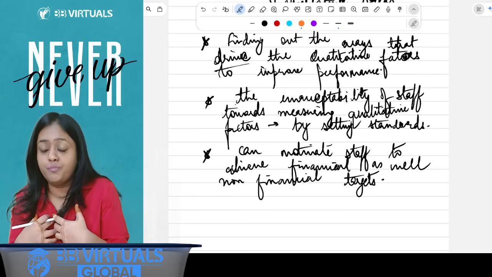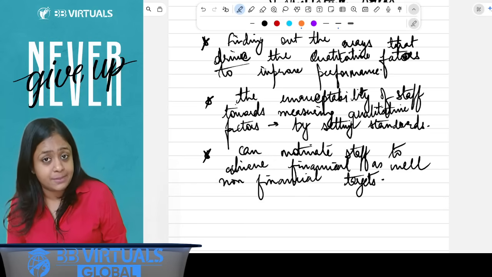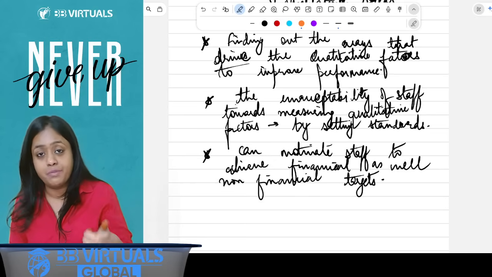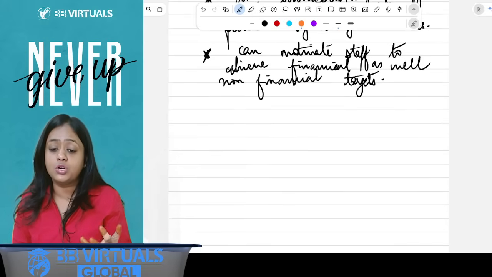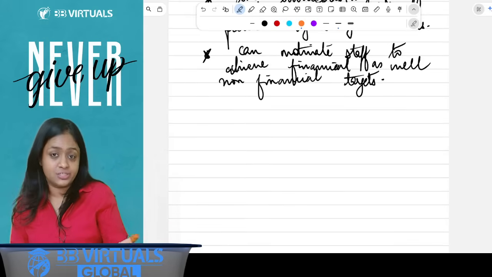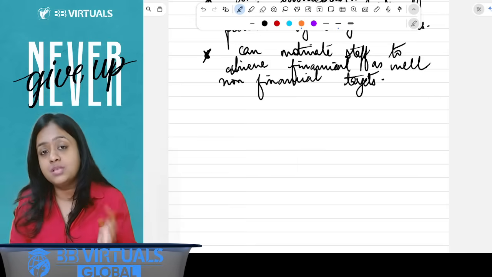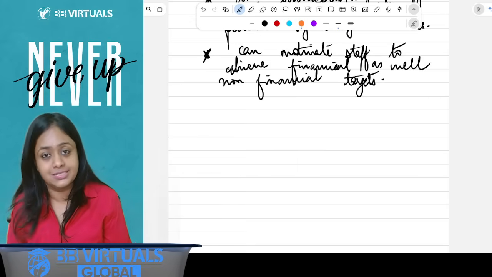When you're setting standards, how is the reaction of the employees, the staff, are they accepting it or not? So that is also a measuring tool. Third, how much motivation is brought about by the financial and non-financial targets that we are setting? What is the motivation level? If it is improved, the quality is improving for the organization.